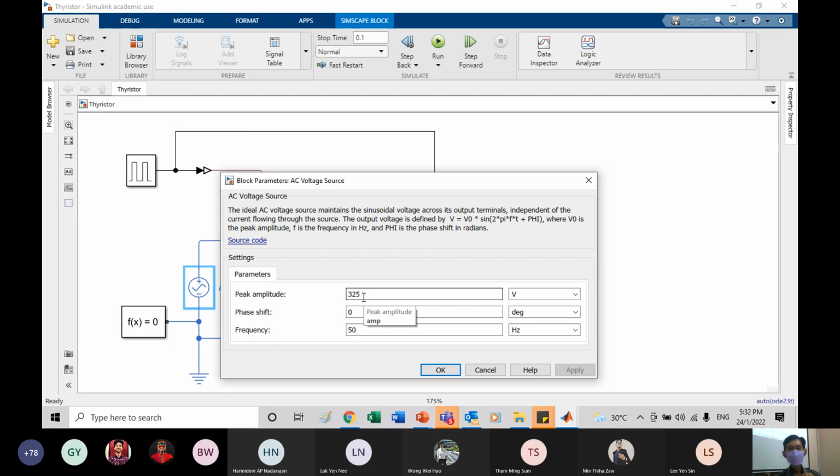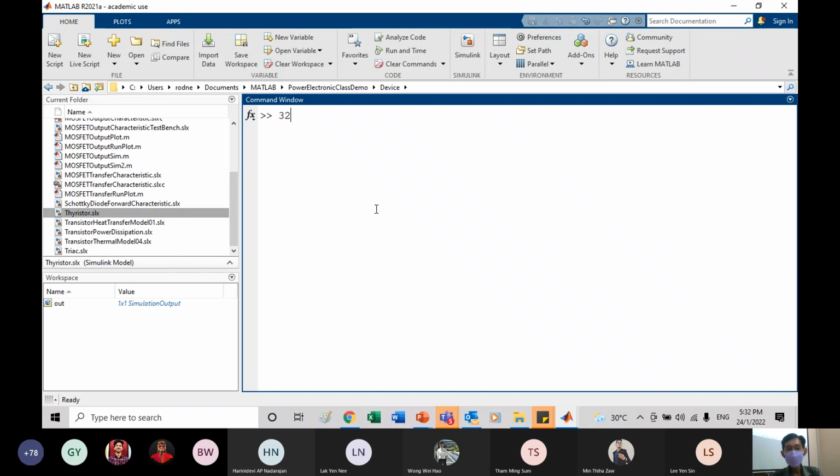Can anyone just guess why? 335 is the Malaysian sine wave peak amplitude. When you take 325 and multiply by 0.707 for RMS, you get 230 volts.